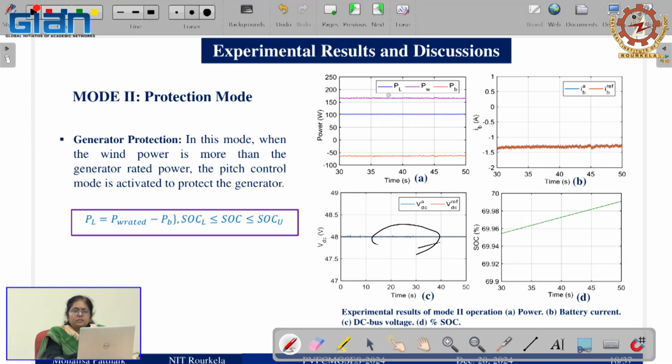There is no change, it is limited to around 170 or 175 watt, to its rated value. So this is a low power condition we have tested. Correspondingly here, as the generation is more than the load demand, the battery is charging. This is the second case, mode 2, generator protection example.